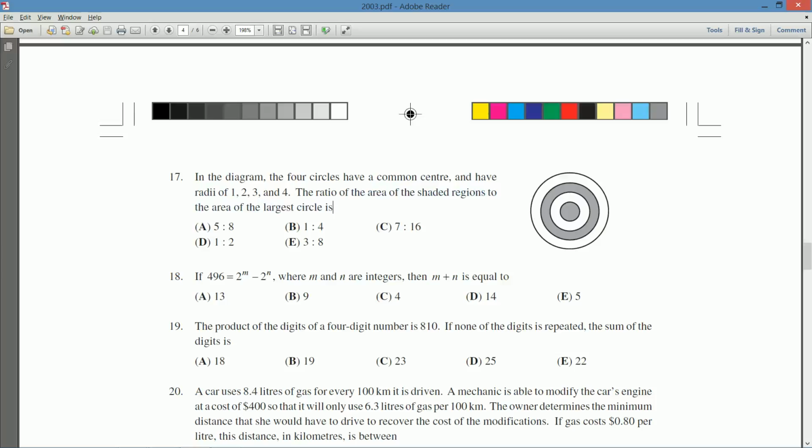Okay. So to do this question, we start thinking about how we can compute this shaded region. I notice it's a circle and a ring. Well, how do I compute the area of a ring? I know the area of a circle, pi r squared, just take the radius. But a ring is a big circle with a smaller circle cut out of it.